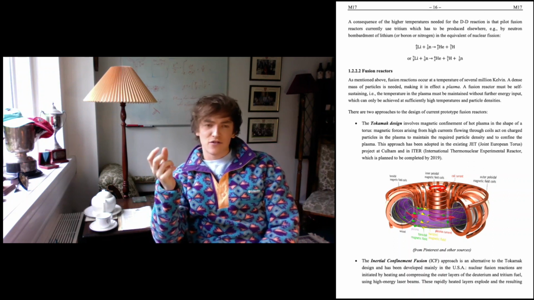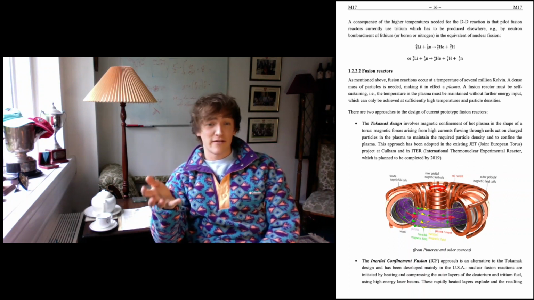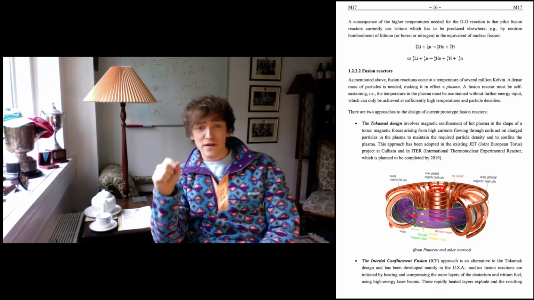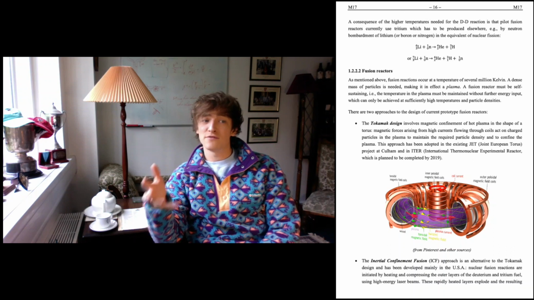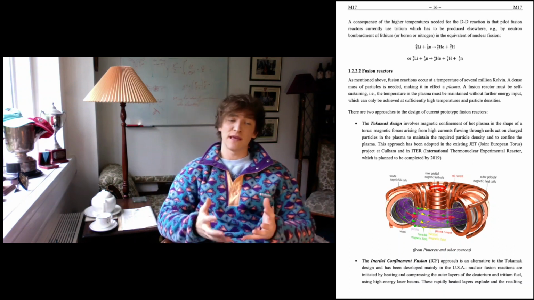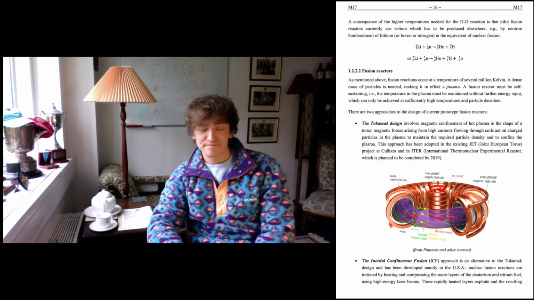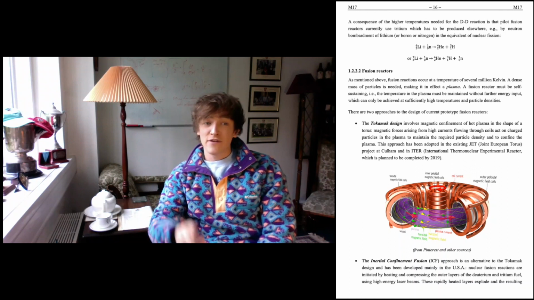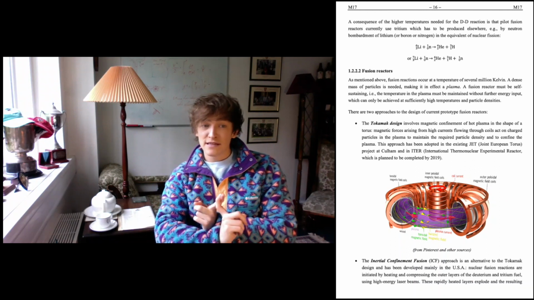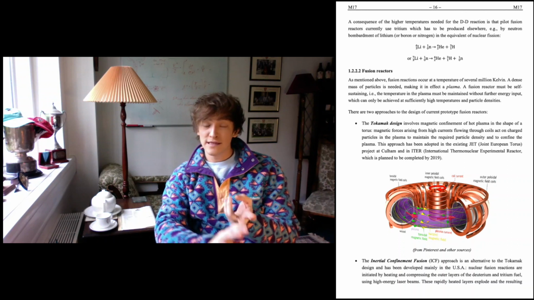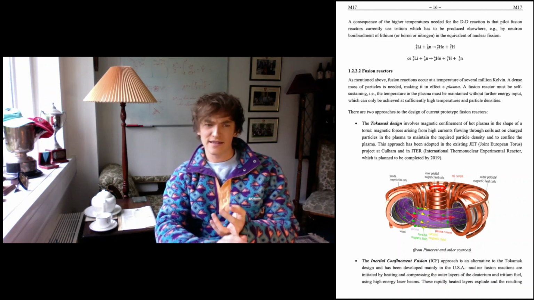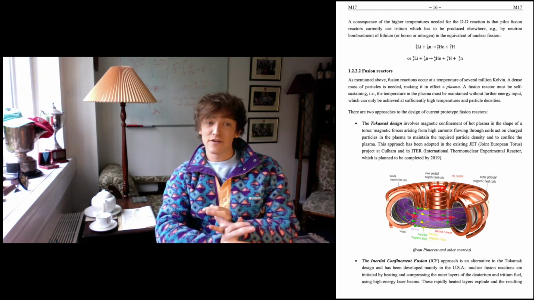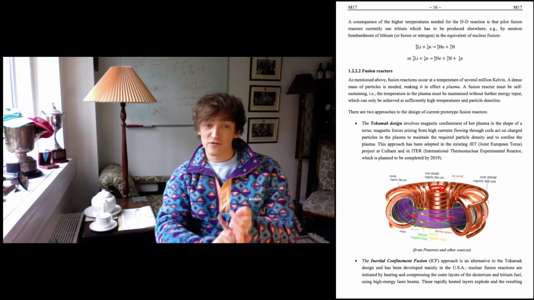Now, in order to get such strong magnetic fields, you're going to require very large currents. And the fields produced basically give the required particle density to get our fuel up to speed for it to fuse together. If any of you have heard of JET at the Culham Centre, just outside of Oxford, or ITER, as I mentioned, the International Thermonuclear Experimental Reactor, that's the method that they use in those experimental reactors.